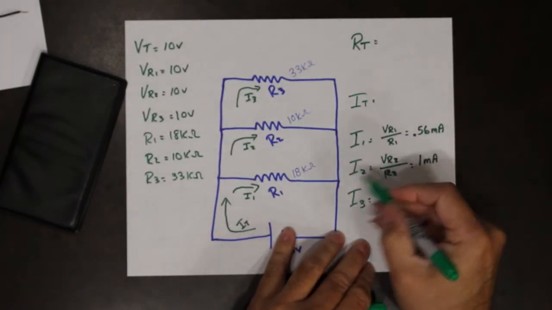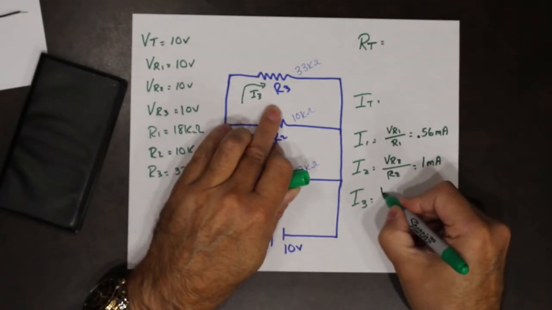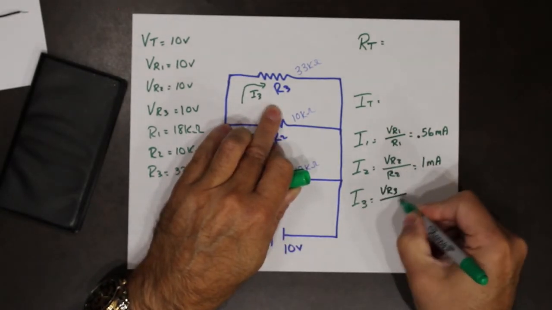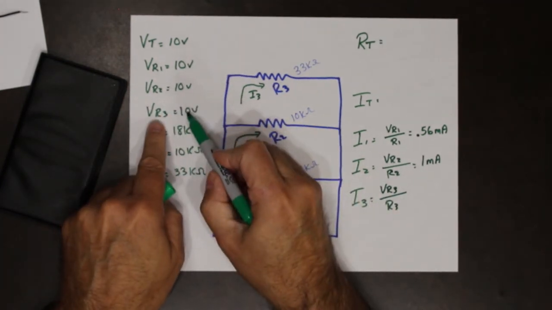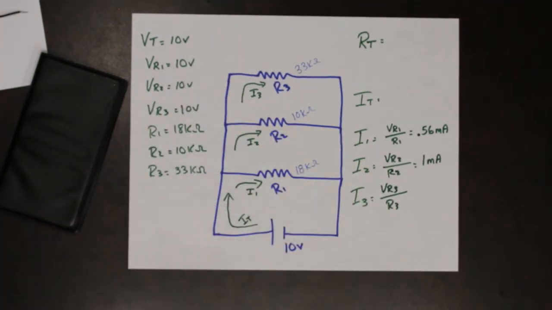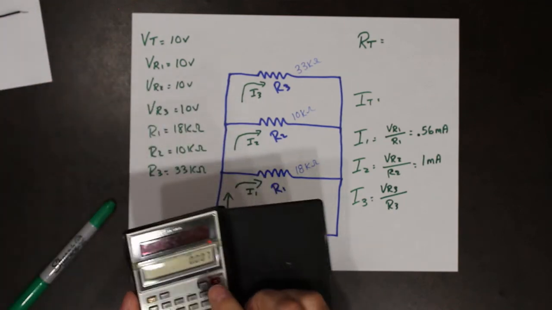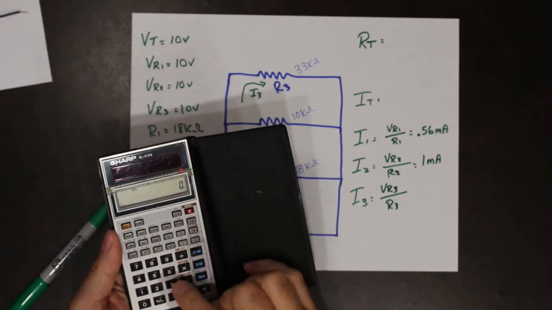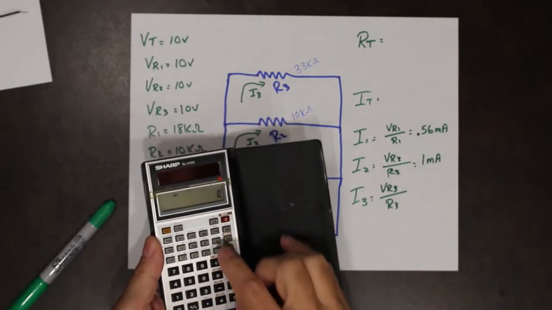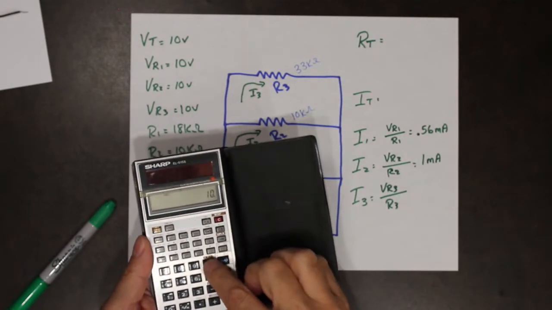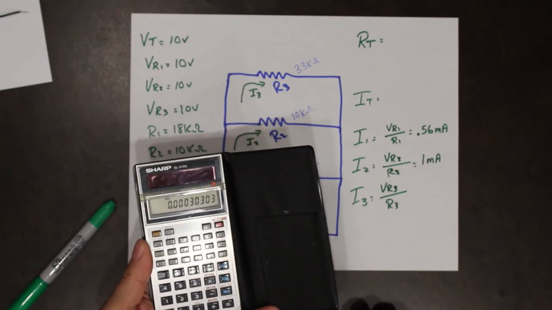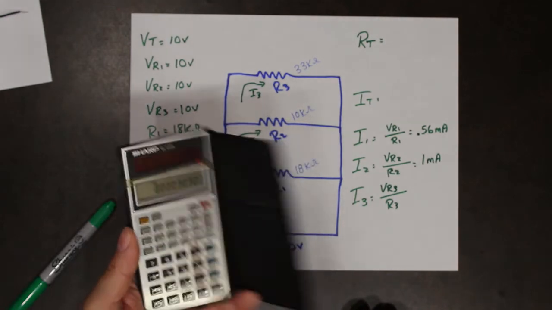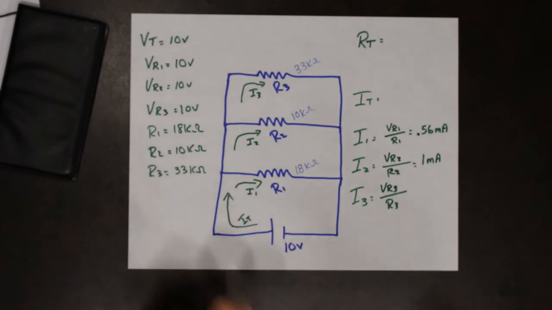The next one, we have VR3 divided by R3. Again, VR3 is 10 volts, R3 is 33 kiloohms. So, VR3, 10 volts divided by 33 kiloohms, 0.3 milliamps.